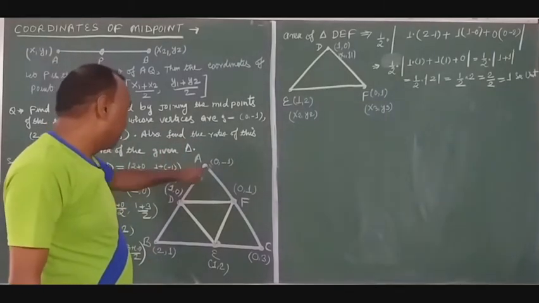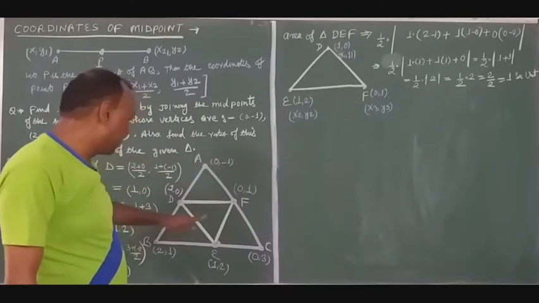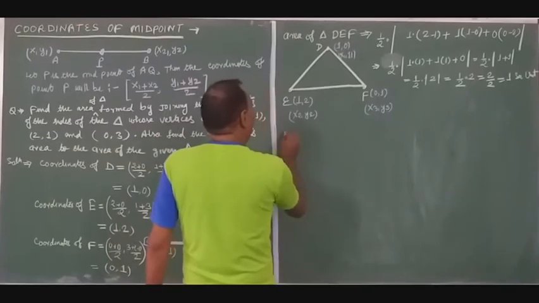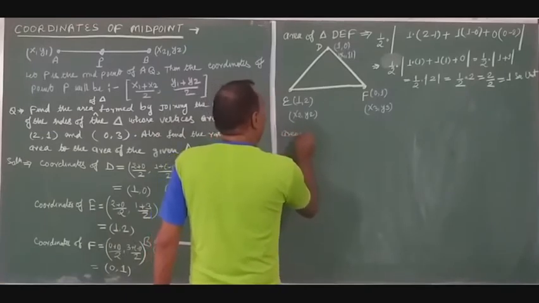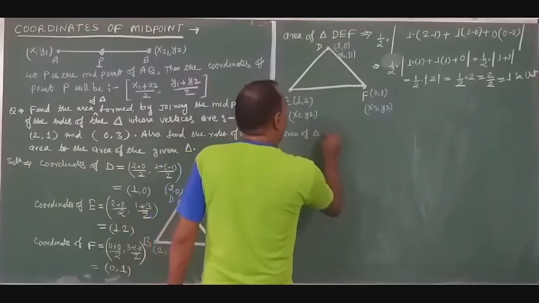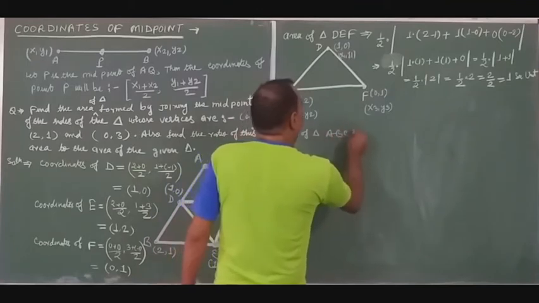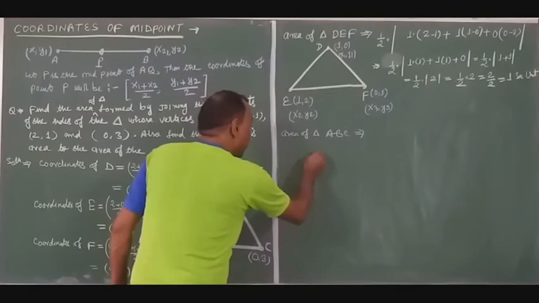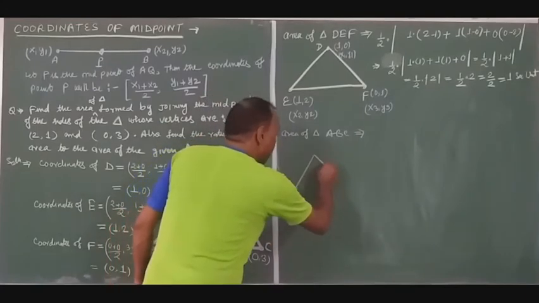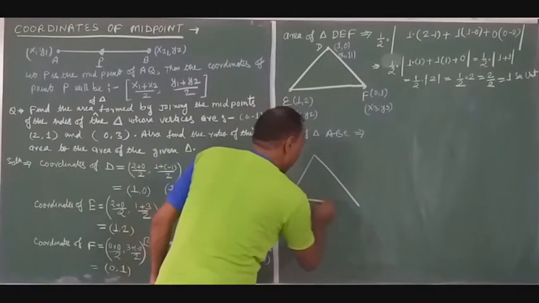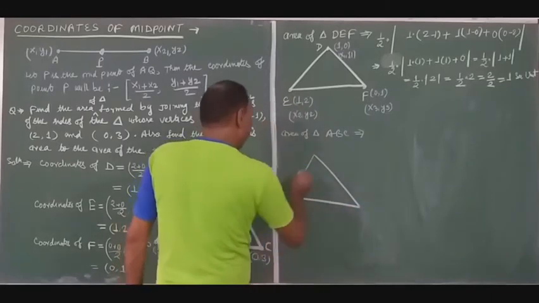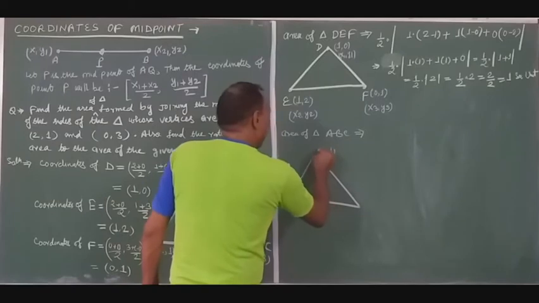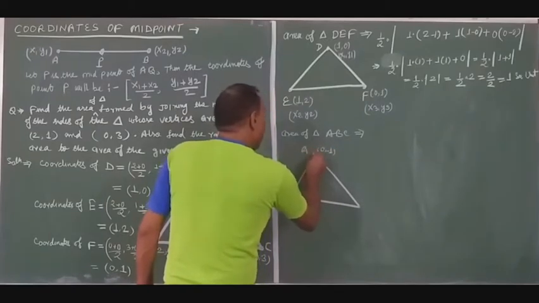The last part of this question is to find the ratio of this area to the area of the given triangle. Now we will find the area of triangle ABC. The area of triangle ABC will be given by, first, this is point A, 0, minus 1.